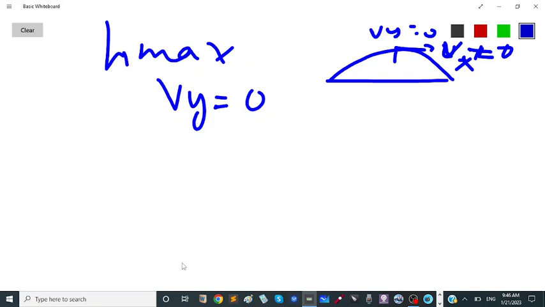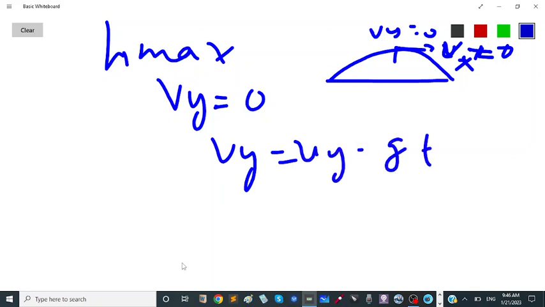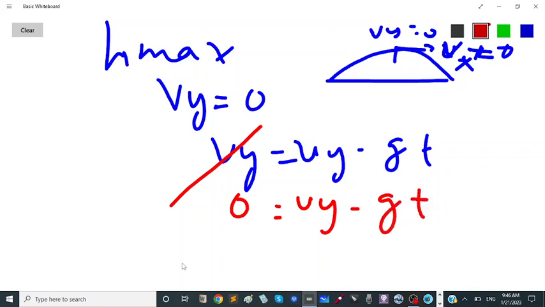So we know that Vy is equal to Uy minus g t. This will be cancelled because it is 0. So Uy is equal to g t.